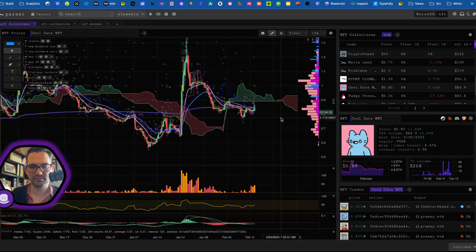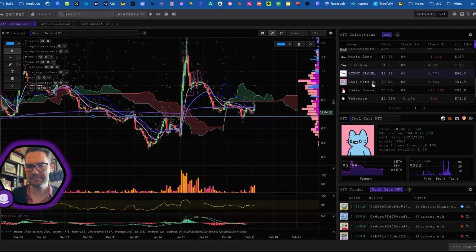And this little short term, there's good support there. 0.8 is a pretty solid level for them. And then, of course, you're going to get resistance at 0.9 and 1 ETH. A little bit more bearish on Cool Cats. I would say you're probably looking back to 0.8 on them.